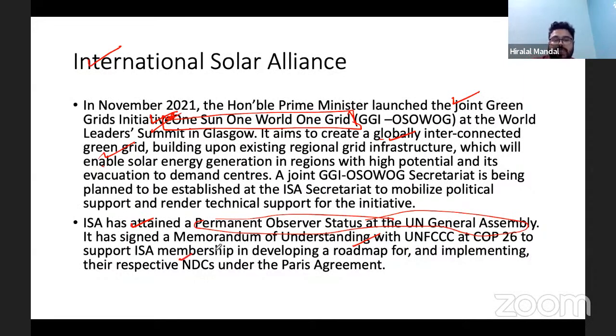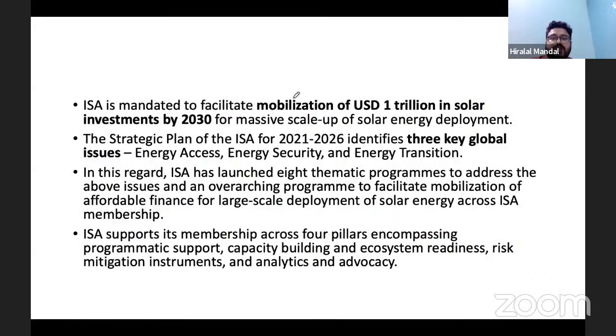It is also mandated to facilitate mobilization of $1 trillion in solar investment by 2030. For that it aims to scale up solar energy deployment. It has three key global issues: energy access, energy security, and energy transition.